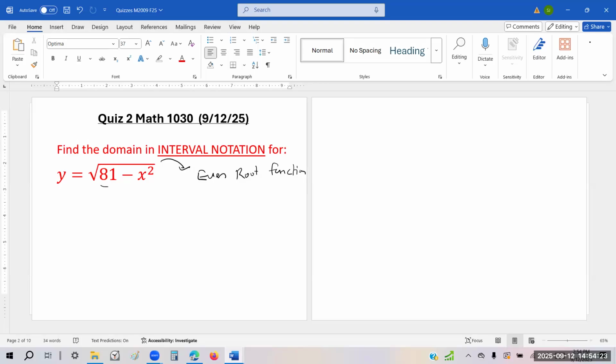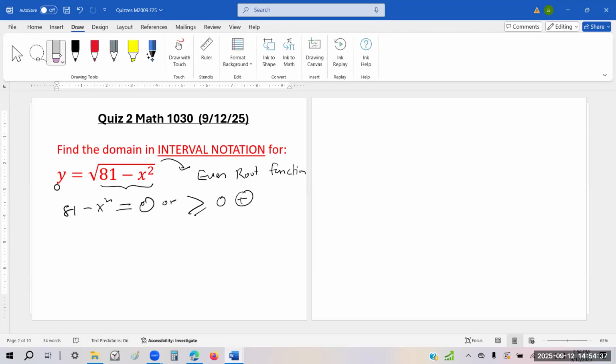So 81 minus x squared has to be 0 or bigger than 0, which is positive. It can be 0, it can be positive, which is this symbol, bigger than or equal to 0. Okay? And then we solve for x.